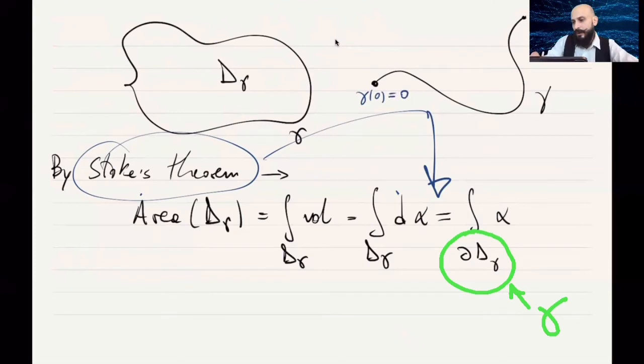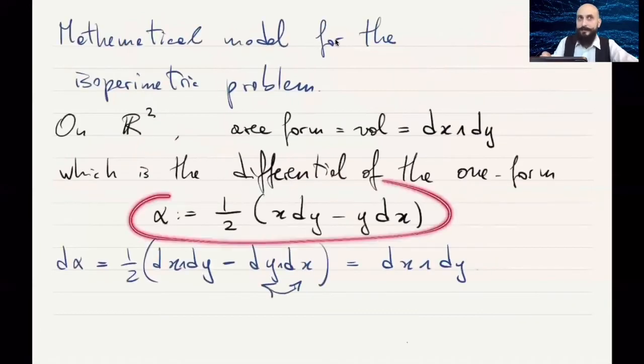Now we consider the straight line going from gamma 0 to gamma 1, say the curve was parameterized as a curve on [0, 1]. Now we see that this vector is radial and annihilates the one form alpha.